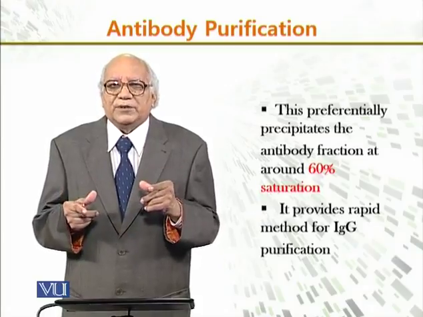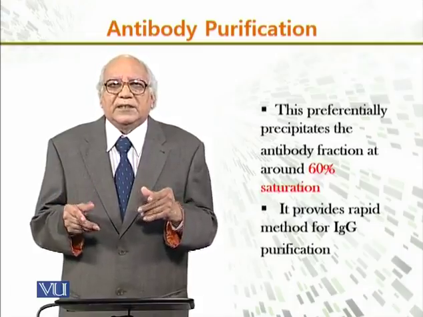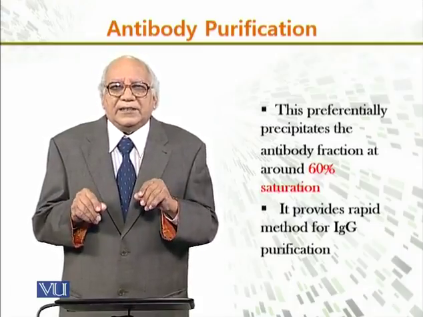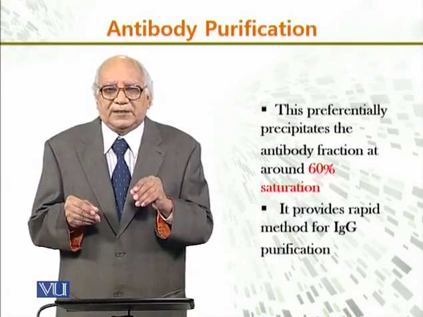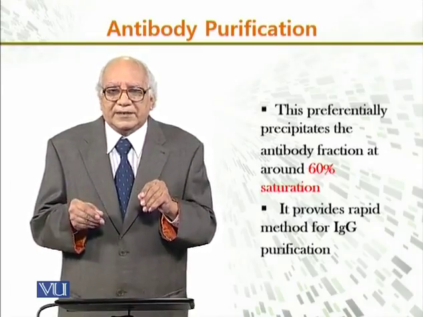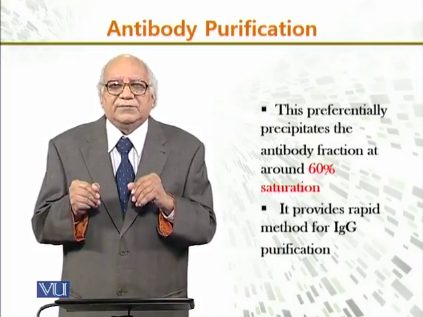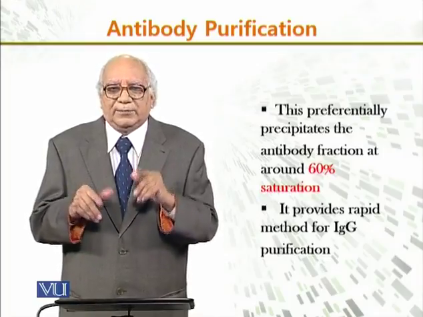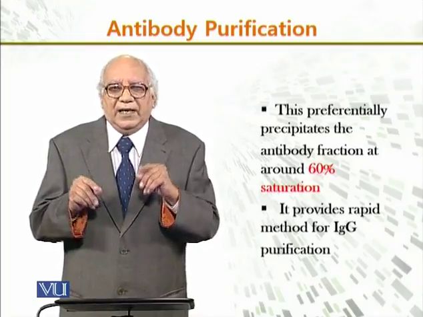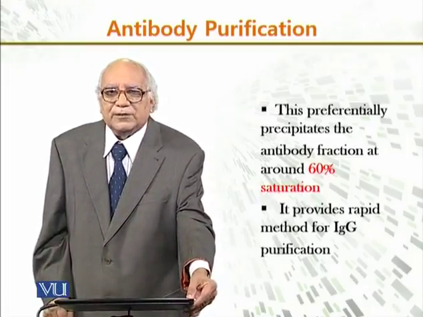That is, when we use ammonium sulfate for the purification of antibody, it can purify it up to 60%. It provides a rapid method of IgG, which stands for immunoglobulin G, antibody purification. And that is one method, using ammonium sulfate.